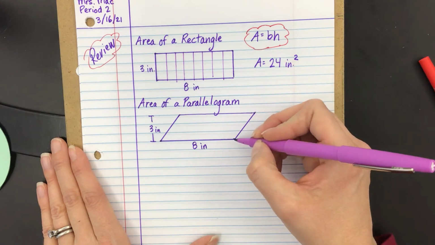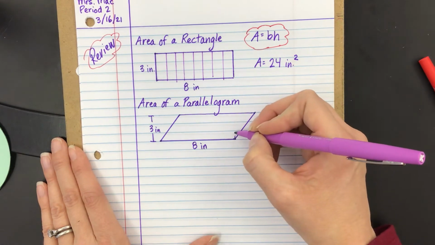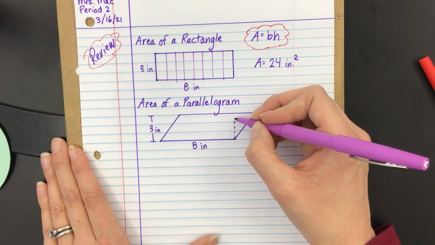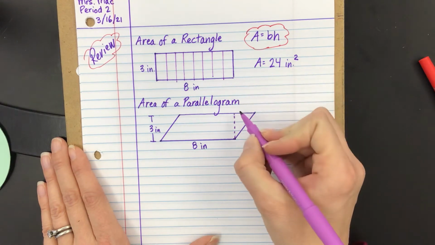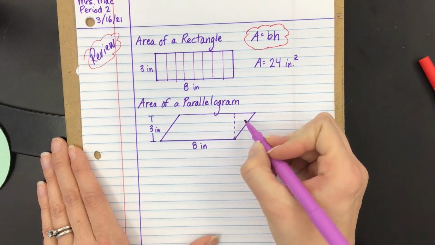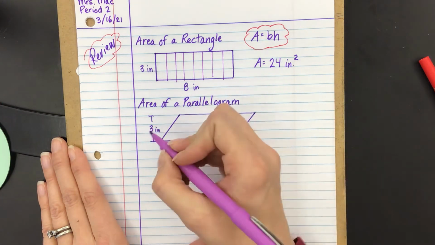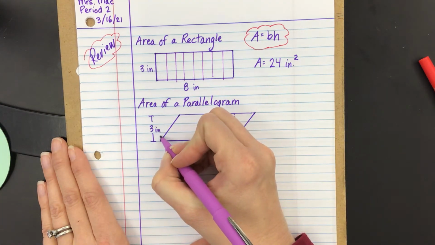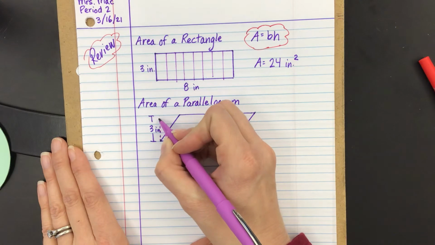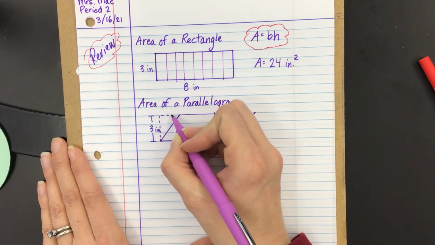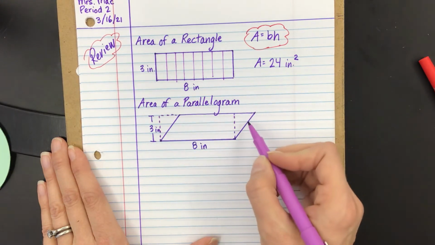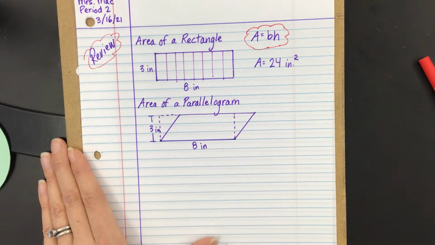If we were to take some scissors and cut along this line and take this shape and move it over here, you would see that now this shape is a perfect rectangle.